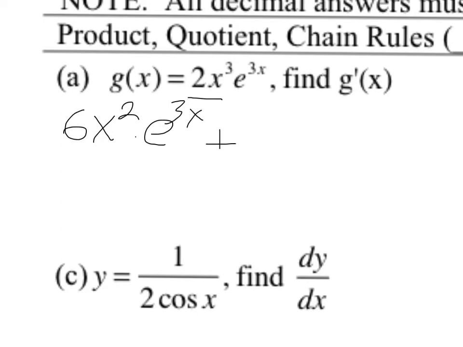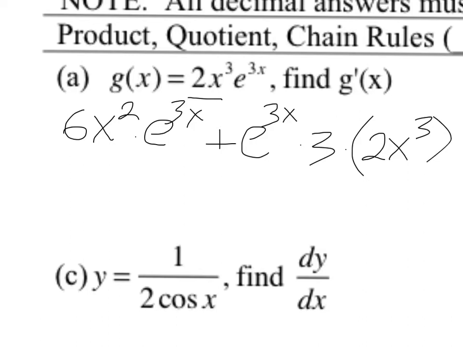And that's going to be added to the derivative of the second. The derivative of e to the 3x is e to the 3x times the derivative of 3x, which is 3, multiplied by the other function, 2x to the third. You don't need to simplify this. You can leave it like this.